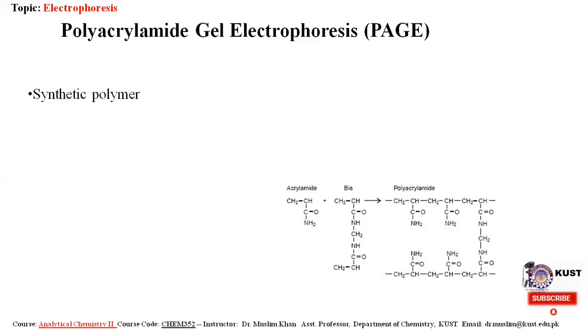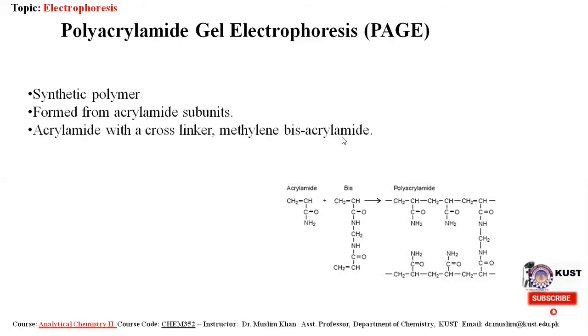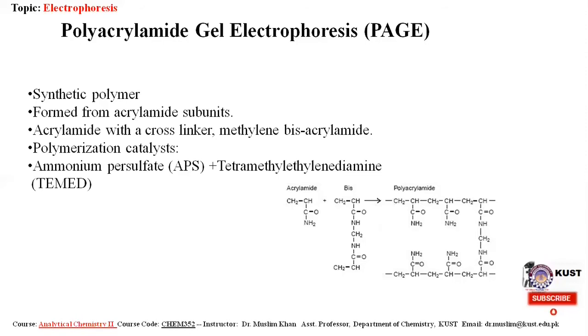This is a synthetic polymer formed from acrylamide subunits, with a cross-linker, methylene bis-acrylamide. A polymerization catalyst is used, ammonium persulfate plus tetramethylethylenediamine, and light. The concentration is 3.5 to 20%, with high resolution.